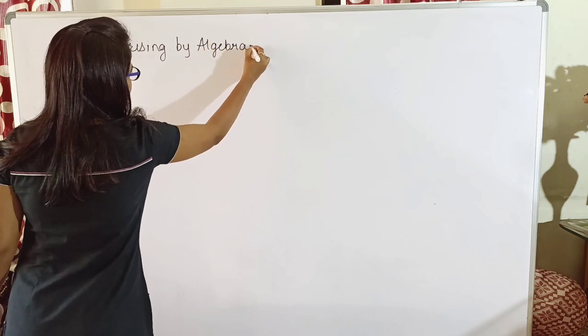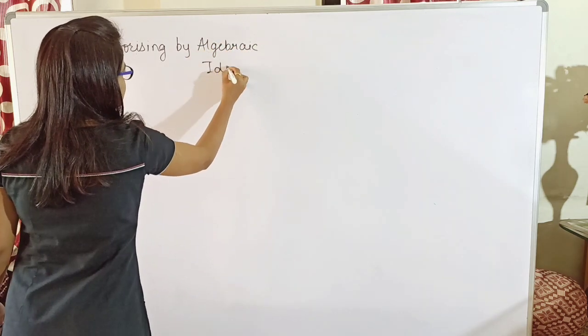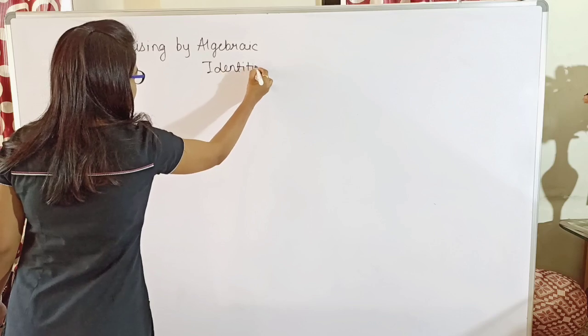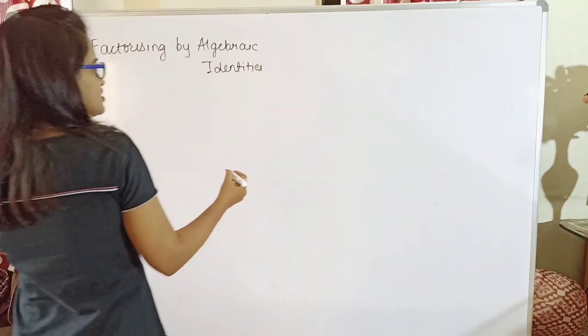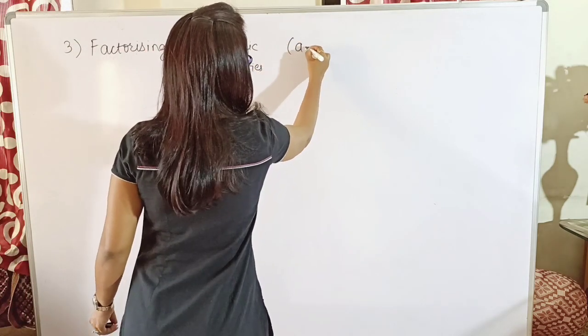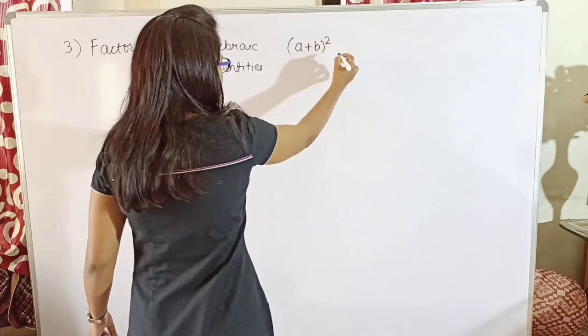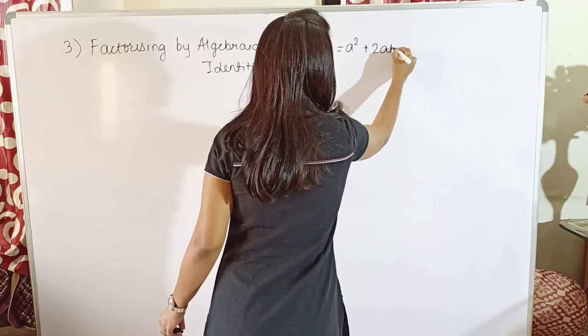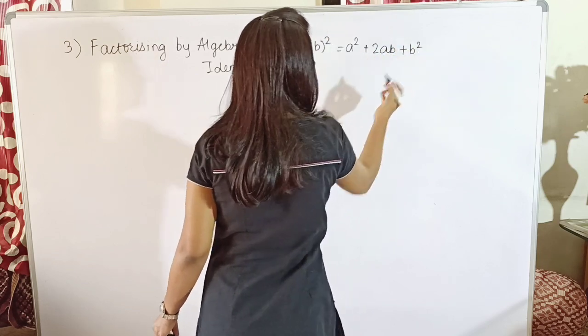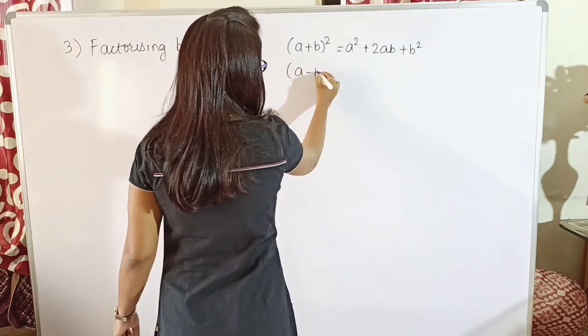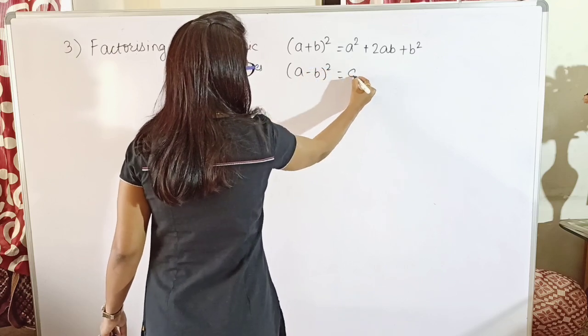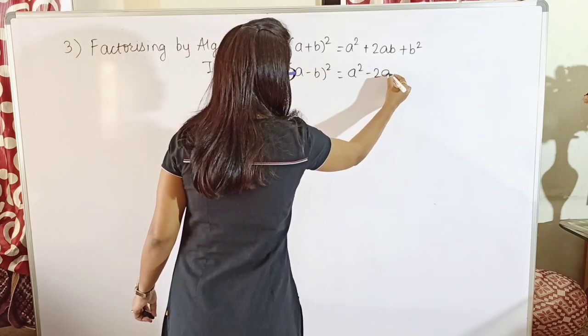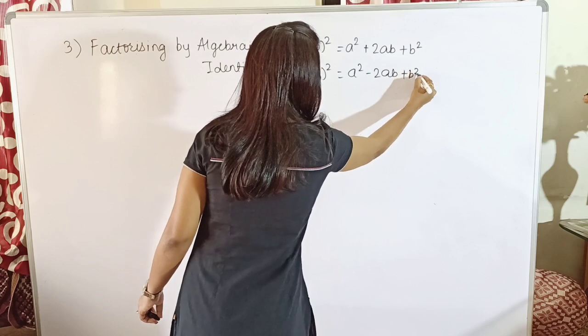Now you have learned four identities in your previous topic. Which are those? The first identity is (a plus b) whole square, which gives me a square plus 2ab plus b square. The second one is (a minus b) whole square, which gives me a square minus 2ab plus b square.